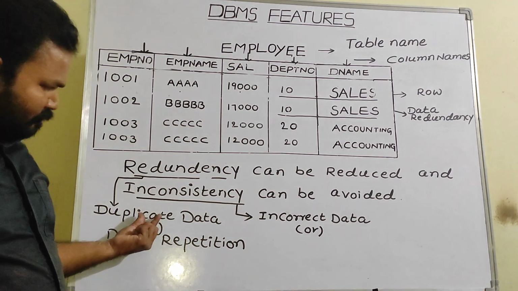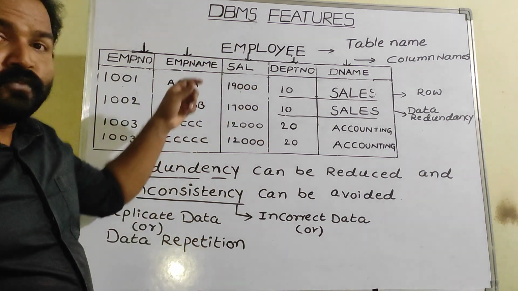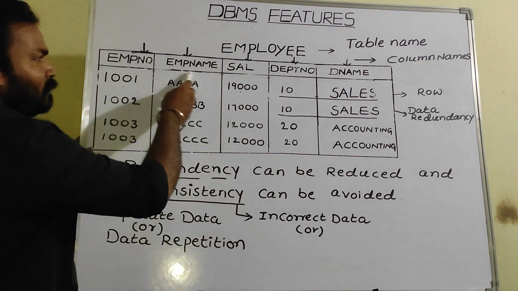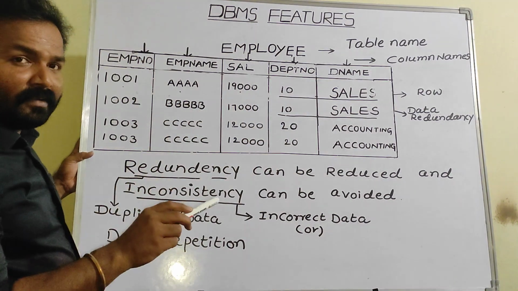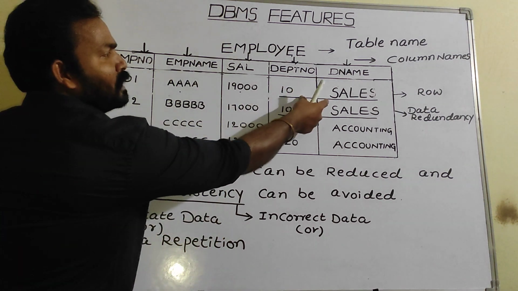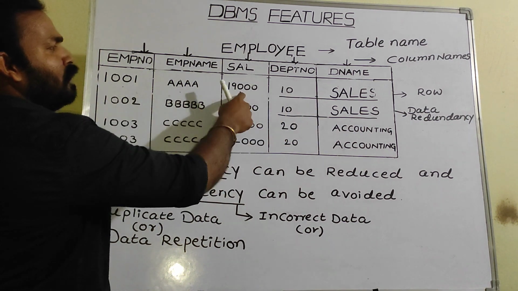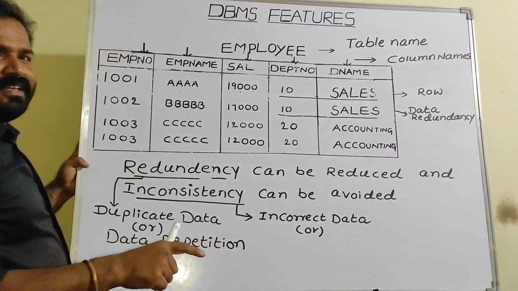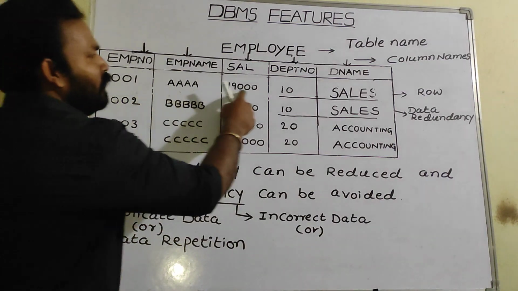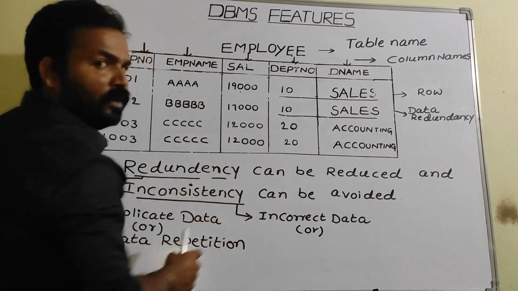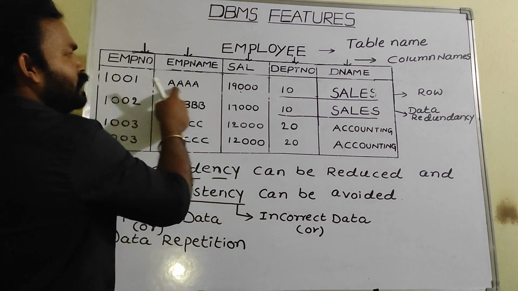Here, duplicate data does not mean the full record; it may be some part of the record also.